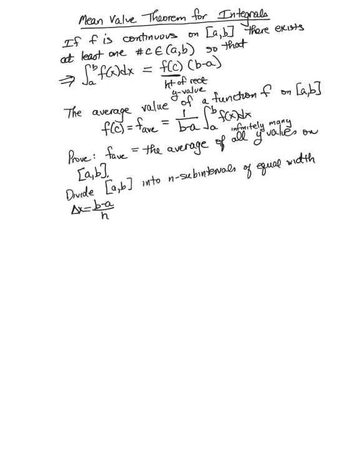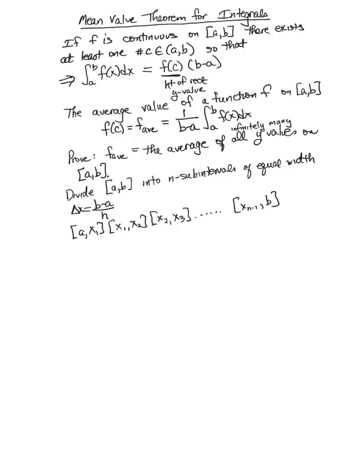So we'll divide the interval into n subintervals of equal width, and we'll list the subintervals as a to x1, x1 to x2, x2 to x3, and we continue until we get to x sub n minus 1 to b.